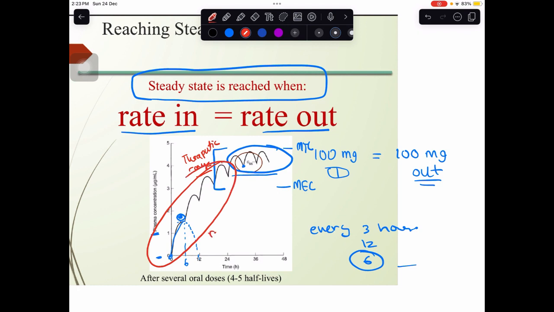This is what we're trying to reach. This is my steady state, and this whole part is reaching it. So let's say after 6 hours I took it, and then after another 6 hours I took another one. That's to prevent the plasma concentration of the drug from decreasing. Instead, I'm actually causing it to increase.